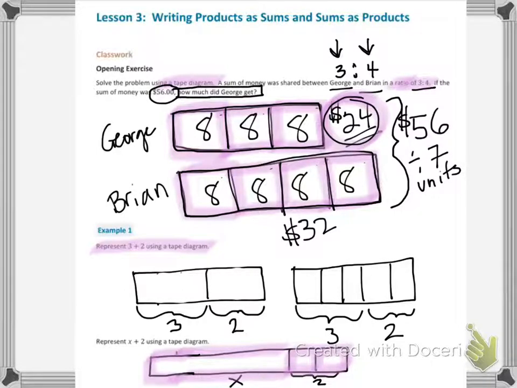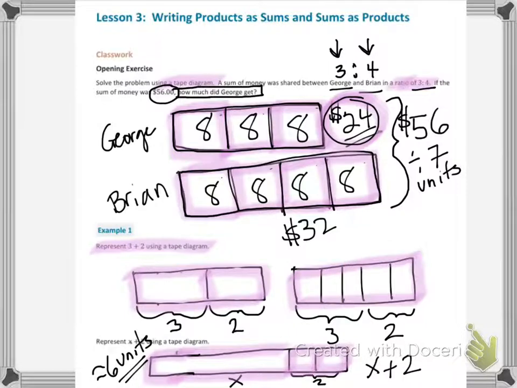Well, if you don't know, that's fine, but it's approximately 6 units. So this represents x plus 2. The x is unknown at this point, but it's approximately 6 units if we look at it. And these two up here are both 3 plus 2, just drawn in a few different ways.